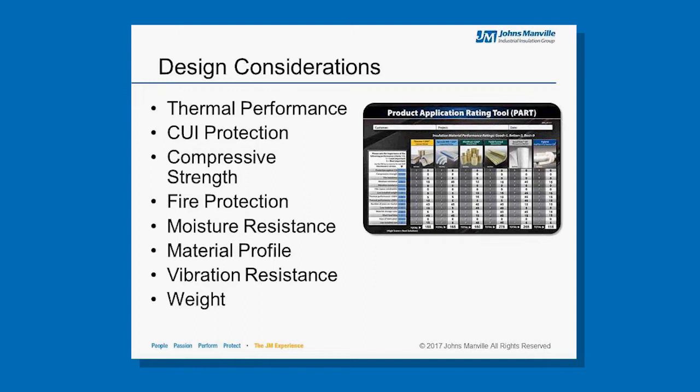We developed the PART tool, the Product Application Rating tool, in order to enable an engineer or a design professional to rank order products based on the applicable design criteria that they need for that application specifically. That application tool is located at jm.com.